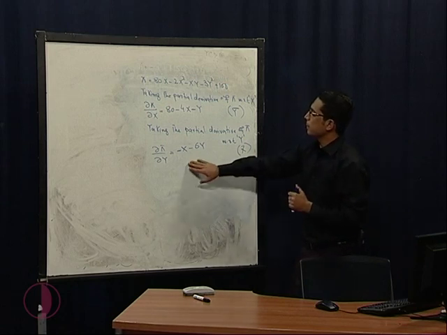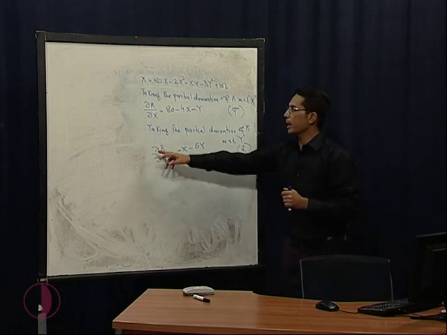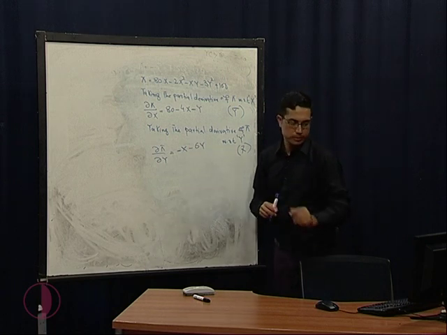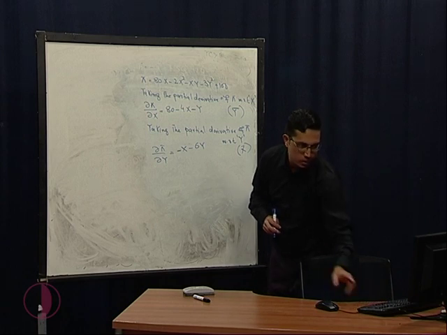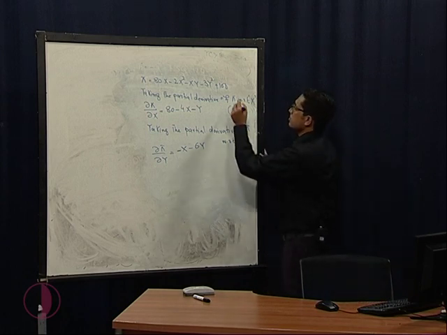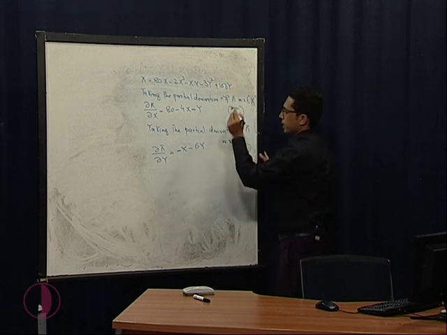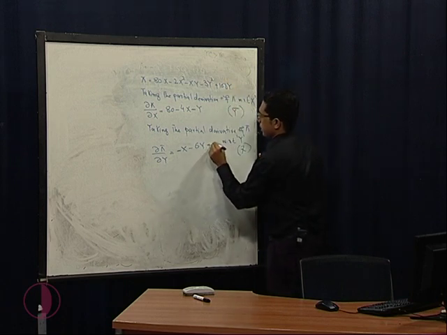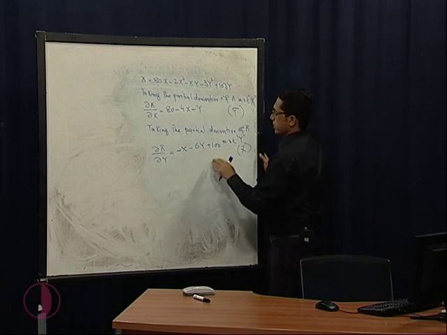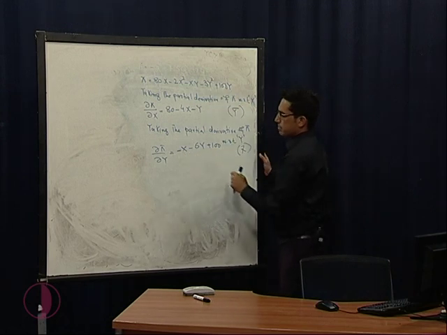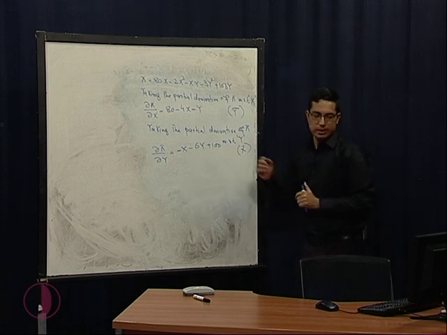This is the marginal effect of Y on the total profit. Sorry, this is 100Y. So, we can get minus X minus 6Y plus 100.